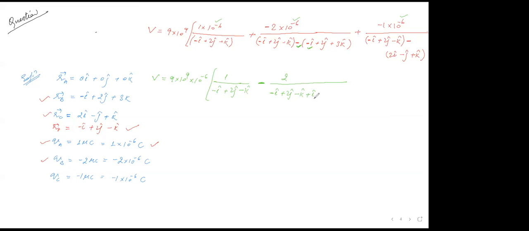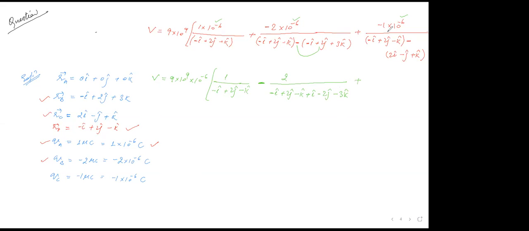Yes, sir, I got it. Similarly, when this negative sign multiplies with plus 2j, you get again minus 2j. And similarly, you get minus 3k. It's clear?